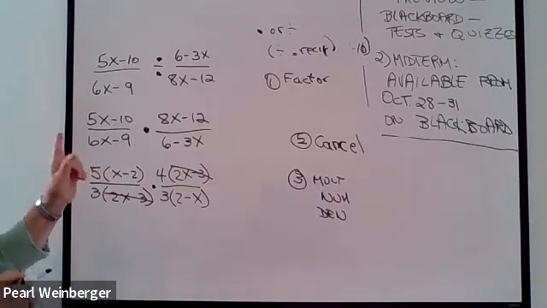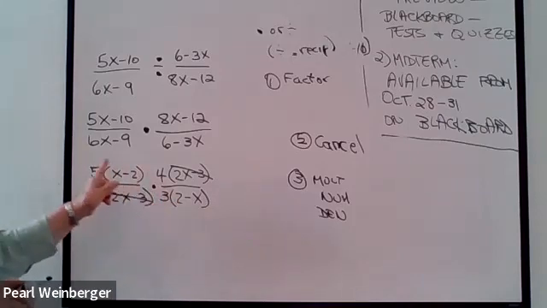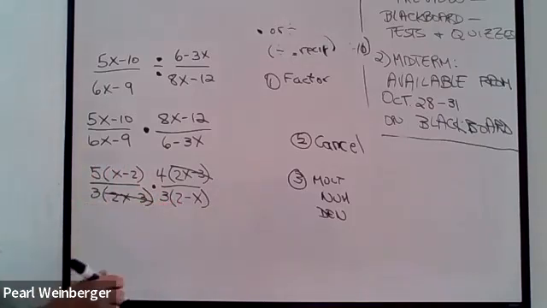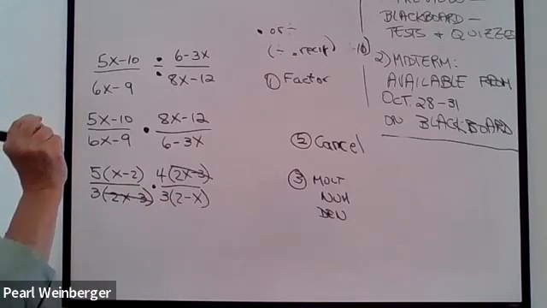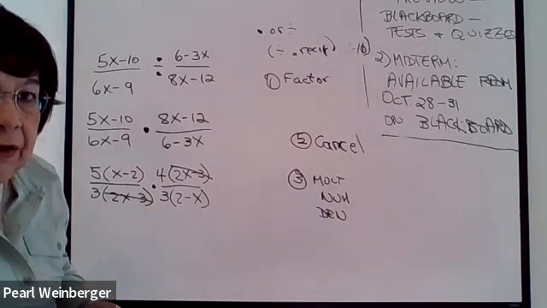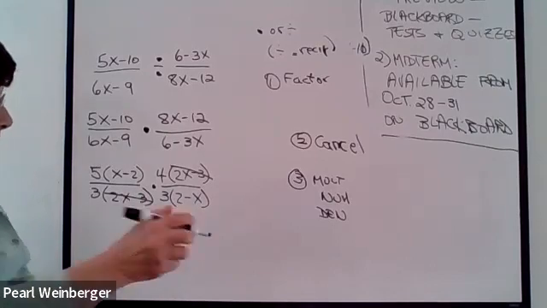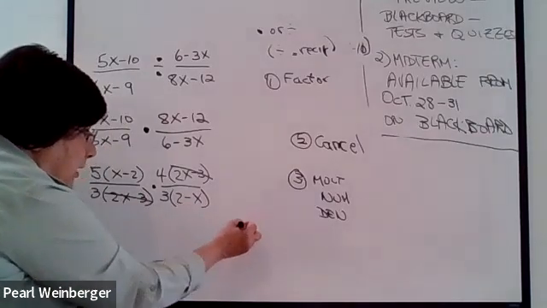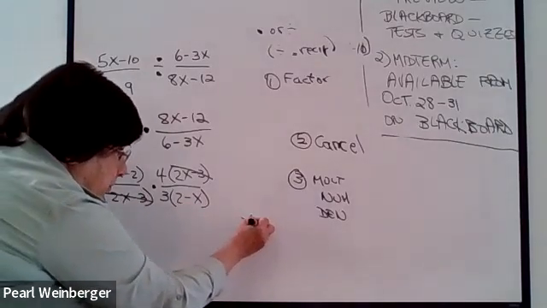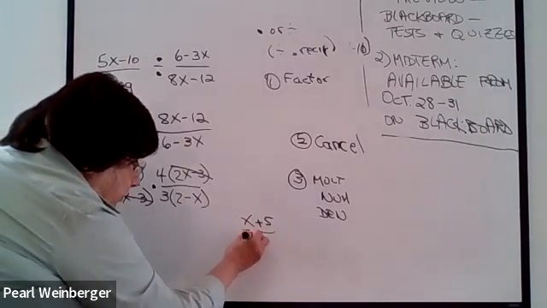There's one slight exception to that rule, and that has to do with binomials that really are identical except their order has been switched. For example, I could have on top an x plus 5, and on the bottom a 5 plus x.